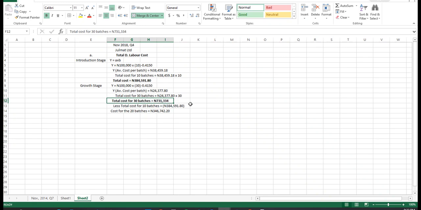This 731,334 is for both the introduction and growth stage. That is the 10,000 in the introduction stage plus the 30,000 in the growth stage. That makes it 40,000 units.